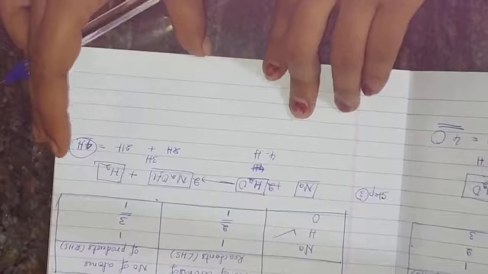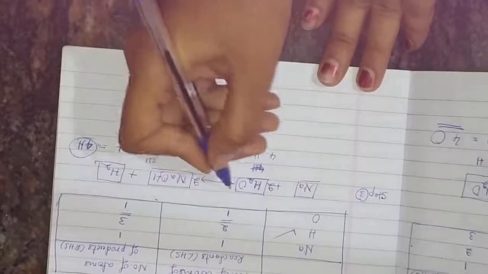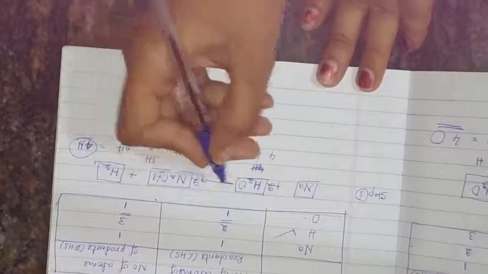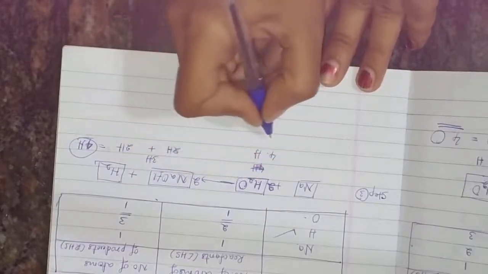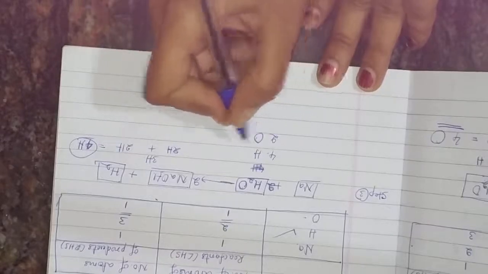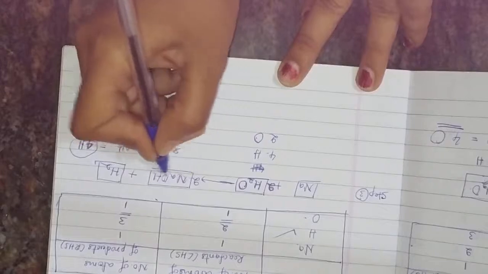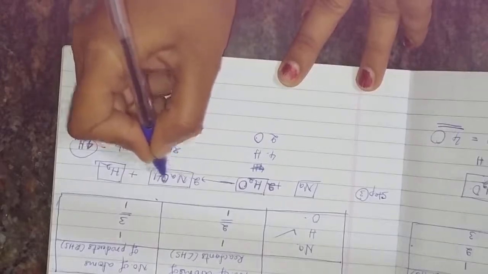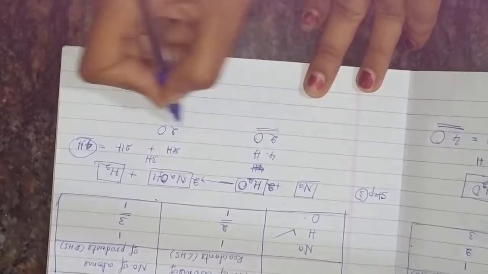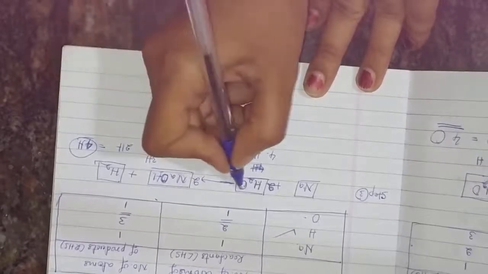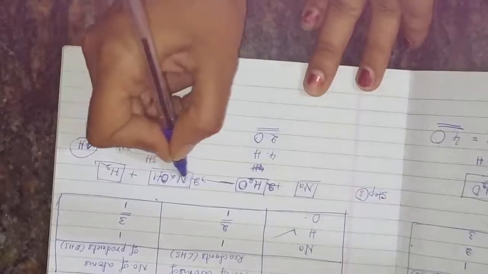Okay, now we will see oxygen atoms. We will balance the oxygen atoms. See here 2 oxygen atoms are present on the reactant side. Here also 2 oxygen atoms are present. Okay, this number is obtained after multiplying this water with 2 and this sodium hydroxide with 2.